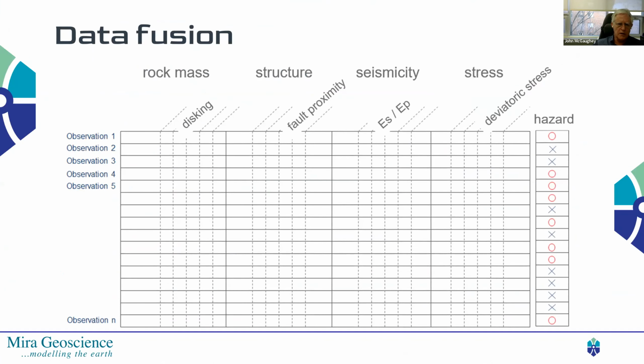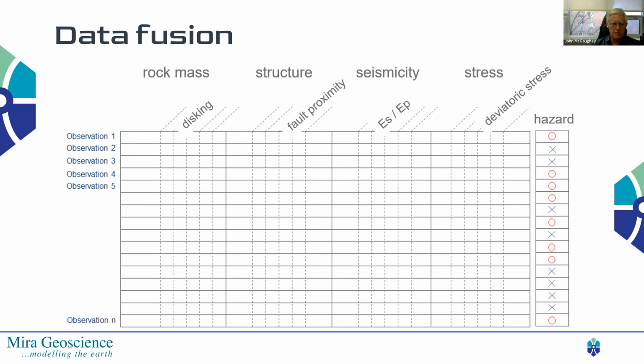This is what we call a data fusion table. And this is a data fusion table that's being created directly within Geoscience Integrator, which is directly within the system. This table combines data of many different types and then compares it to something of interest. The thing of interest in this application is geotechnical hazard.